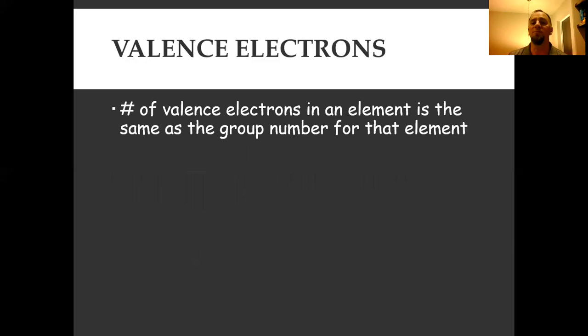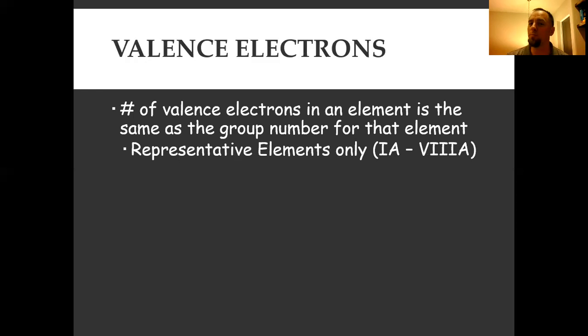Because the number of valence electrons in an element is the same as the group number for that element. Just for the representative elements, so 1A through 8A, right? We're talking about the elements that fall into the s and p sublevel blocks on the periodic table.